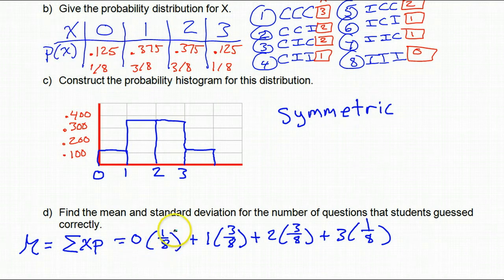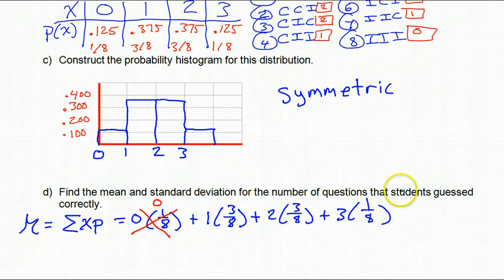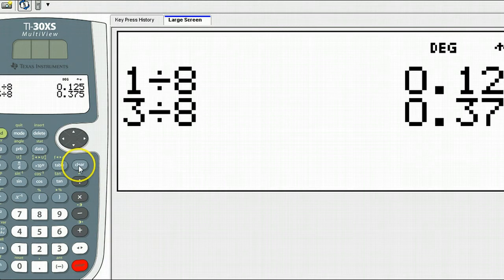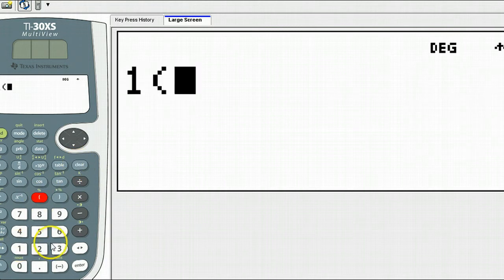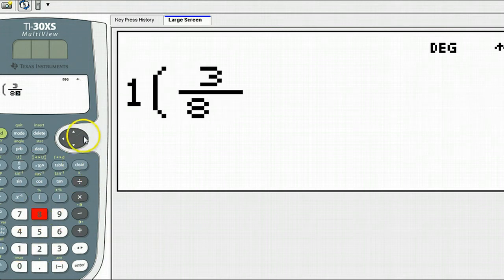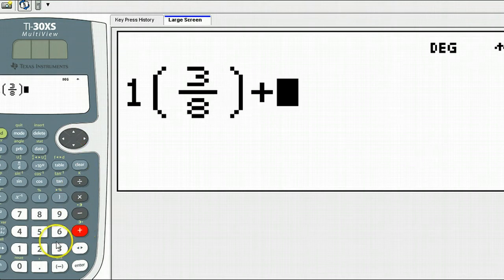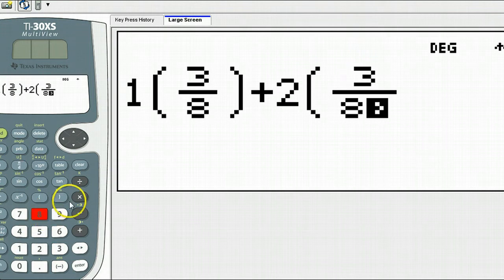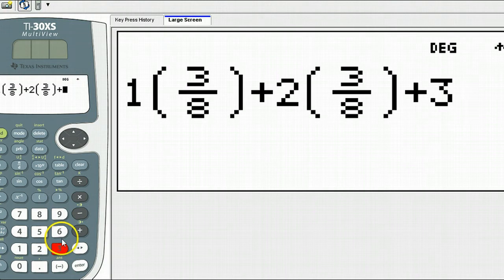And that is how you calculate the mean from a probability distribution. Of course, 0 times anything is 0, so you can just cross that out and go ahead and do the rest. Let's just add these up. I'm doing 1 times 3/8, plus 2 times 3/8, plus 3 times 1/8.